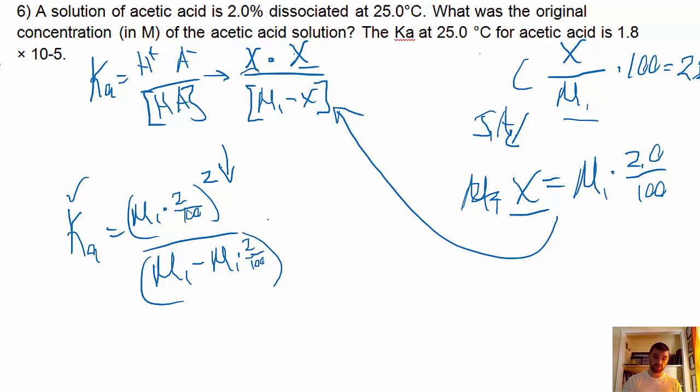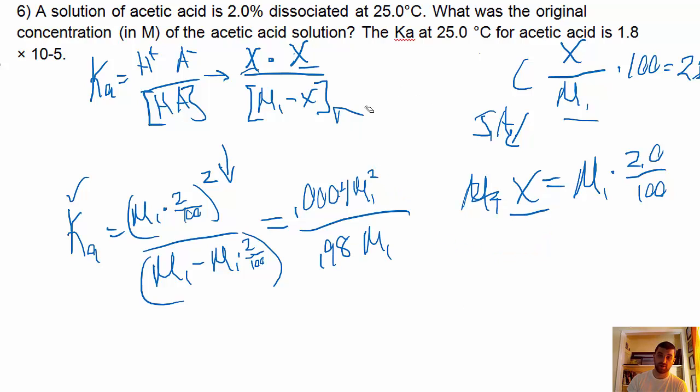So now I'm going to plug those things in. I'm going to distribute, right? I'm essentially going to get 0.0004 M1 squared all over 0.98 M1. Now watch what happens. If I got M1 squared on top and M1 on the bottom, I'm left with this, 0.0004 times M1 all over 0.98 has to equal Ka.